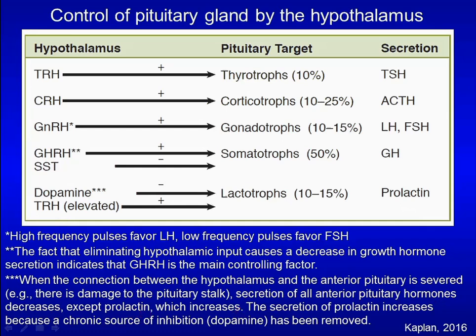This observation indicates under a normal condition, a default state is constant secretion of dopamine inhibits secretion of prolactin from the lactotrophs.